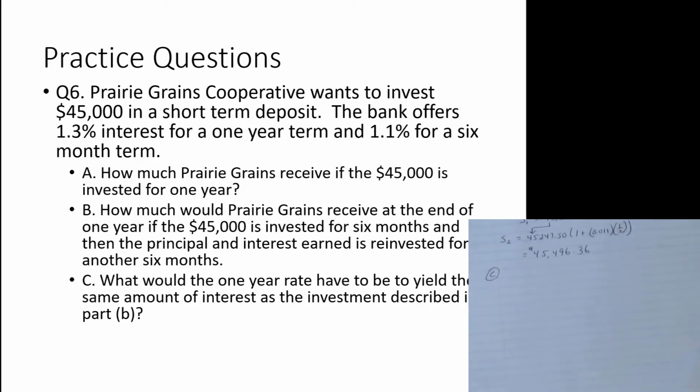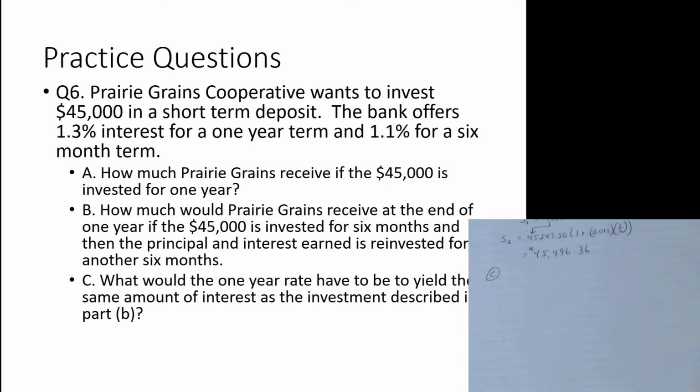Well, I could look at that number and figure that out. I start off with $45,000, and I end up with $45,496.36. What changed? Well, the $496.36, right? That's how much in interest I had.